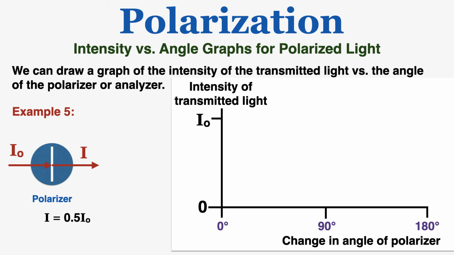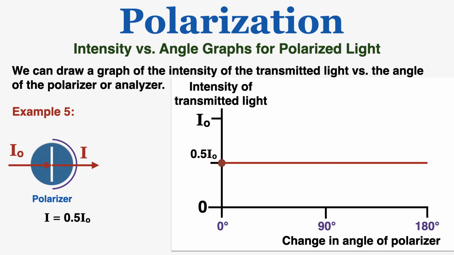There's no cosine squared involved because we're not using the analyzer on the polarized light. So no matter what, the polarizer is just going to reduce the original intensity by 0.5. So it's going to start here, and no matter how we turn the polarizer, it's always going to just polarize the light and reduce its intensity by 1/2. So that's kind of a trick question that shows up every now and then.